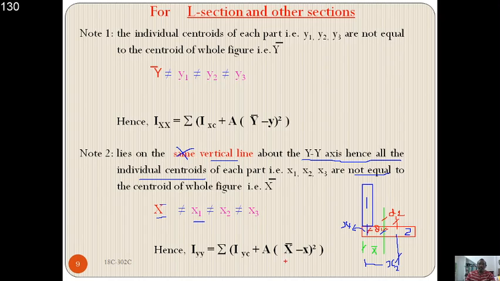So d1 and d2 are nothing but these values, right? Substitute all these values to get the Iyy value. So for the L sections and other sections, we need to follow a similar procedure for both Ixx and Iyy, because they are not symmetric about any axes.